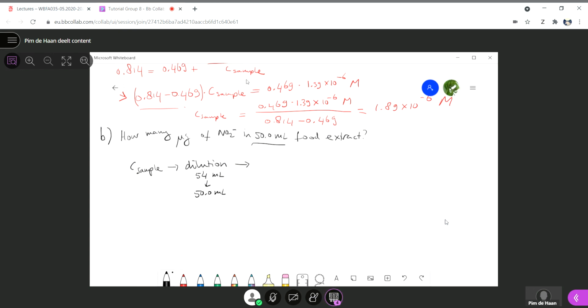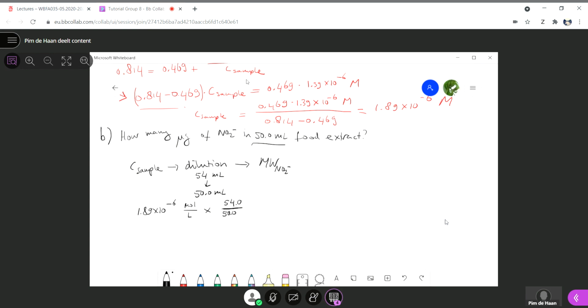And what else do we know? We need the molecular weight of nitrite. We know the concentration of the sample is 1.89 times 10 to the minus 6 mole per liter times dilution factor is 54 divided by 50.